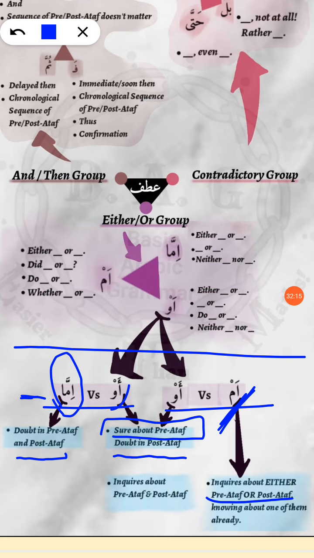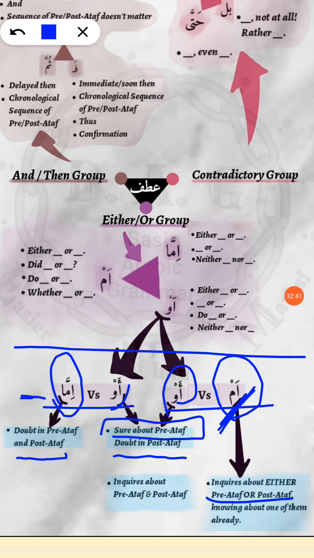But if you use o, then that would mean that you don't know if either of these helped. So you don't know if any of these two people helped. They could not have helped perhaps, or they could have helped, you're not sure. But in am, you know that out of Zaid and Hamid, somebody already has helped, but you're not sure which one.